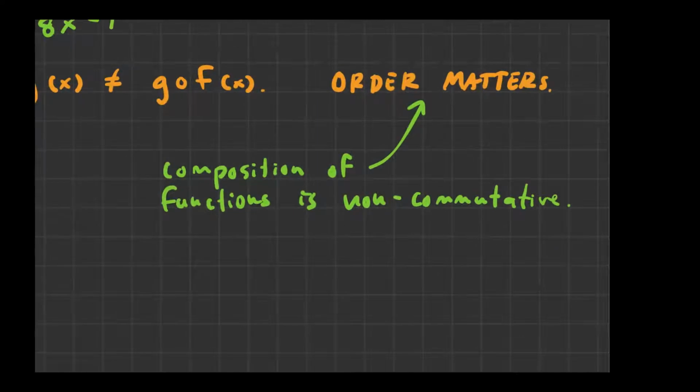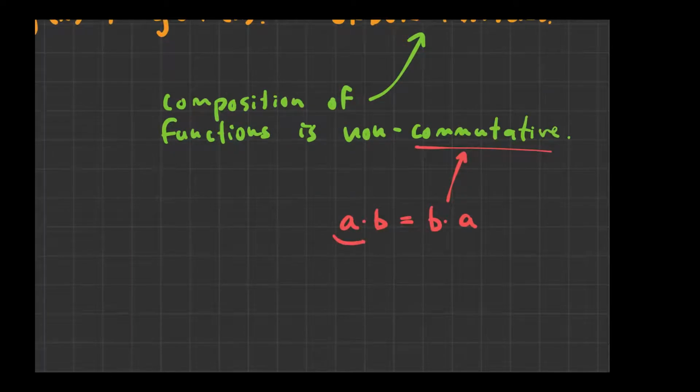Commutative means that, well, an example of a commutative operation would be multiplication, because A times B is equal to B times A. That's commutative. So some operations we say are commutative. Some operations are non-commutative, which means that the order matters. It matters which one you do first and which one you do second.